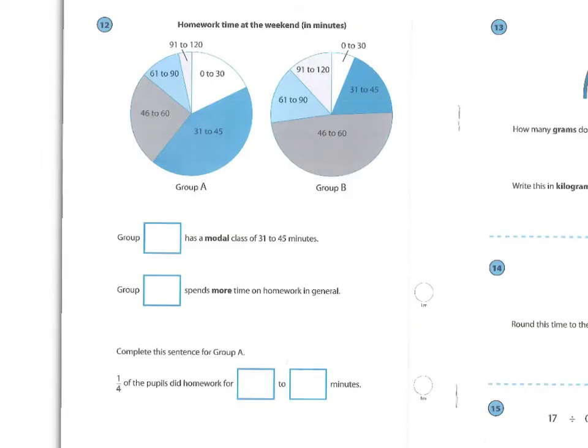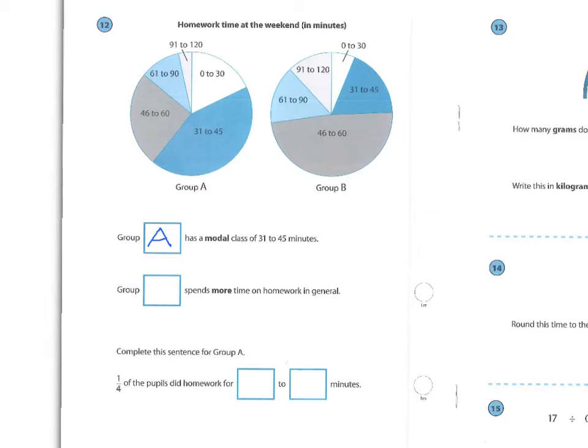Question 12. The two pie charts show homework time at the weekend in minutes for two groups of students, Group A and Group B. So the first question underneath. Which group has a modal class of 31 to 45 minutes? Well, mode means the most common. So if we look at both pie charts for the 31 to 45 minute sector, we can see that it is in fact Group A that has that as the most popular section in the pie chart.